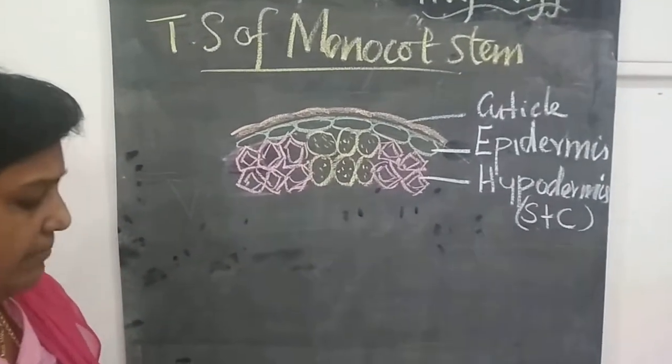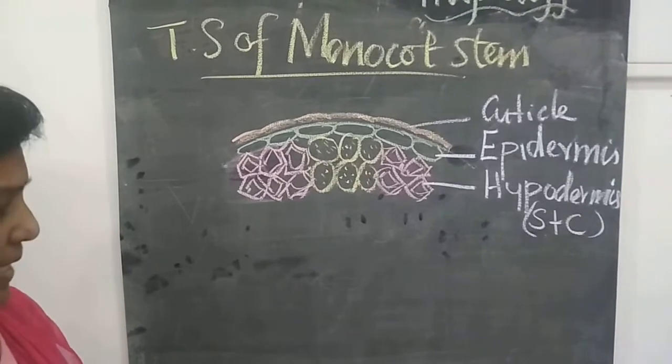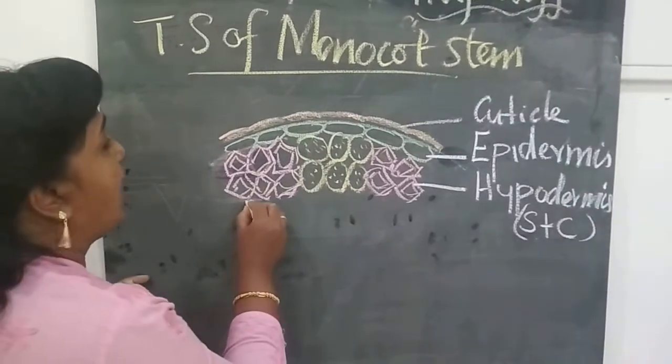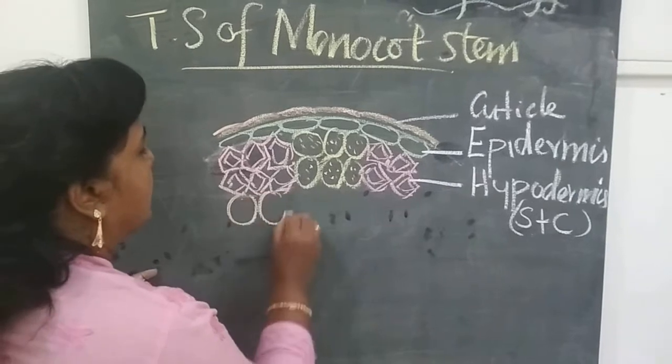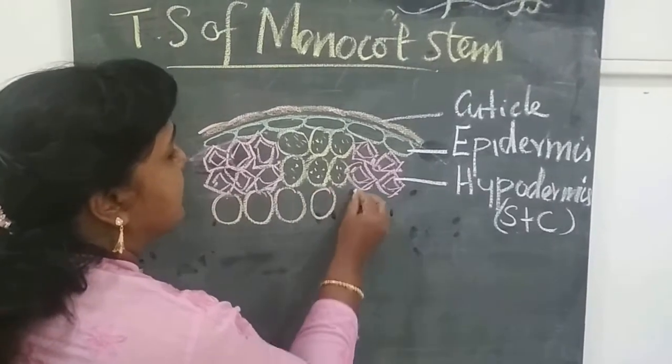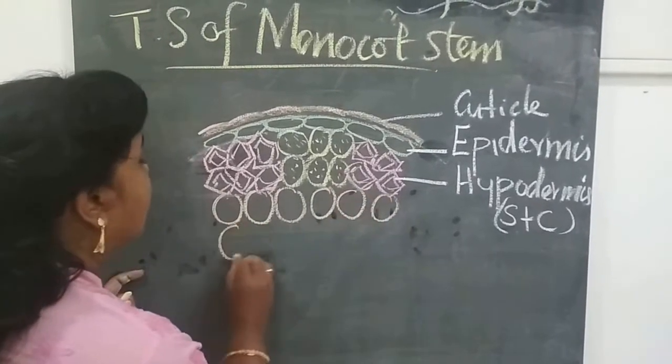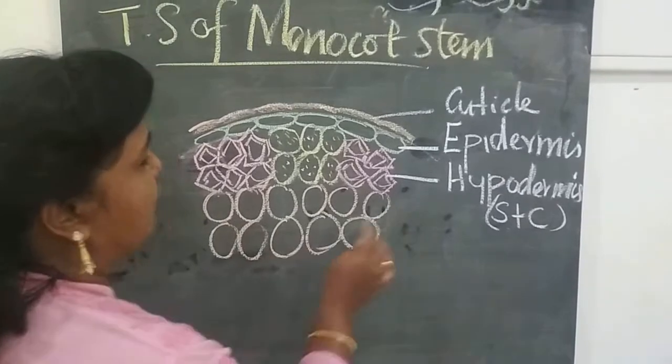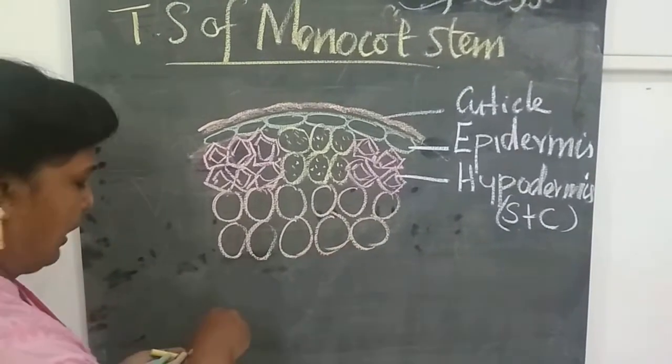Now this hypodermis is followed by the next layer called ground tissue.